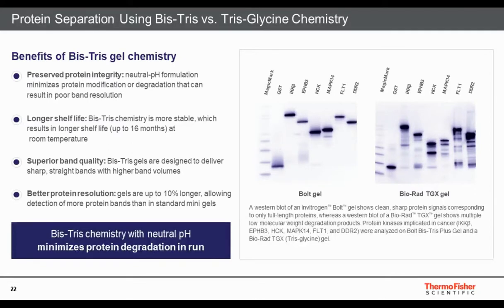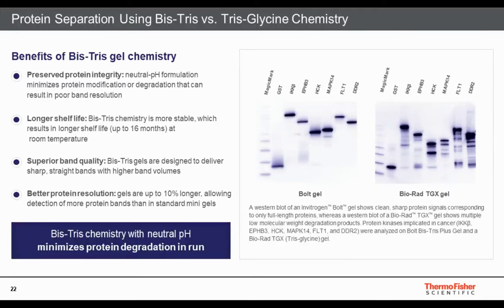This slide shows comparison of the same samples, which are purified protein kinases implicated in cancer, loaded on Invitrogen Bolt Bis-Tris Wedgewell gel and Bio-Rad Tris-Glycine TGX gel. Since Bolt Bis-Tris gels have a neutral gel running pH environment, the sample integrity is preserved and protein degradation, if any, is very minimal.